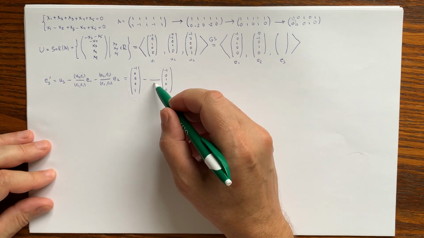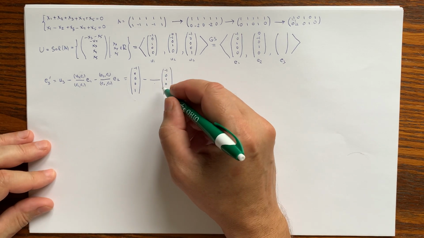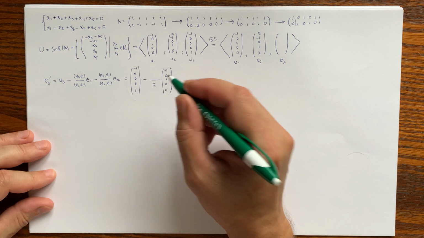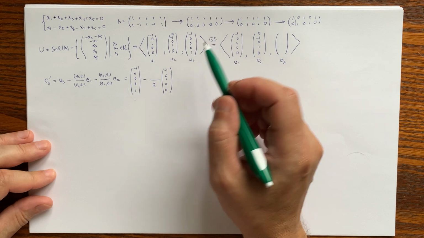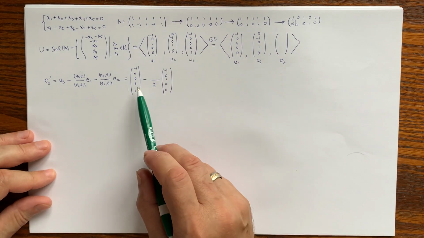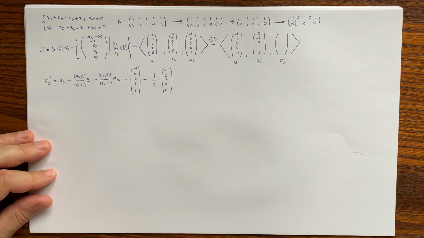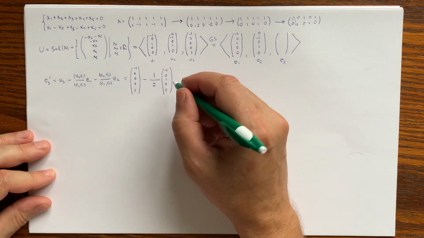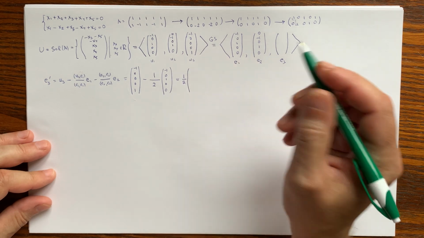And the coefficient has the denominator, the squared length of this, which is going to be 2. And the numerator is the scalar product of these two, which is positive 1.